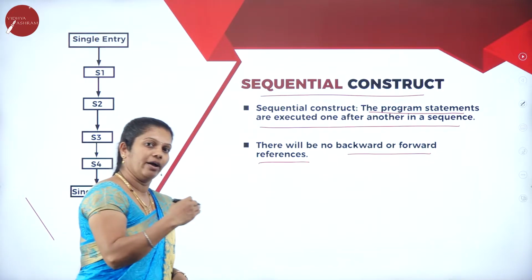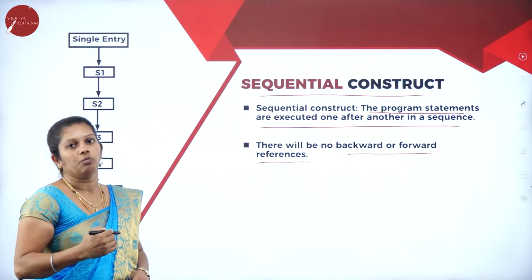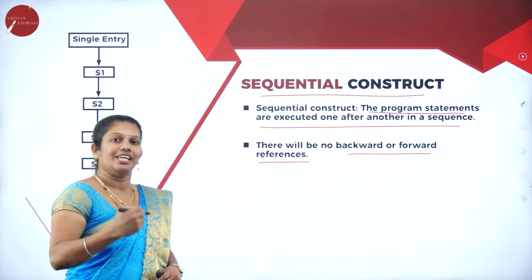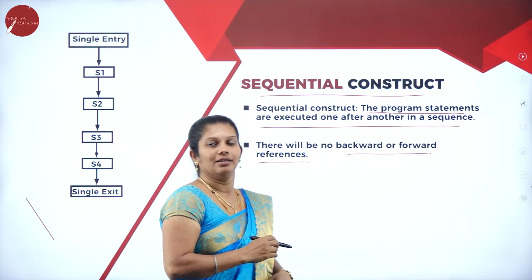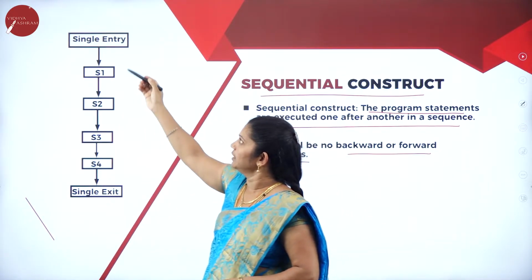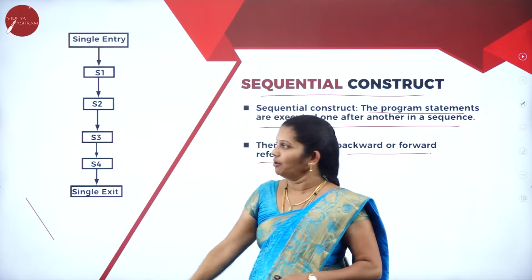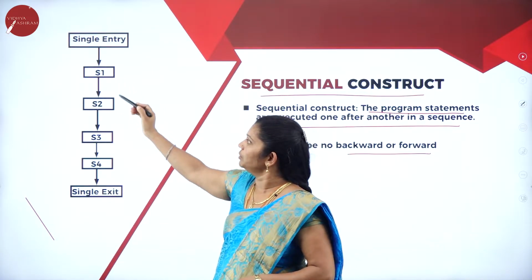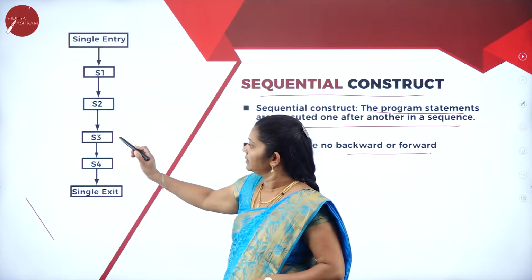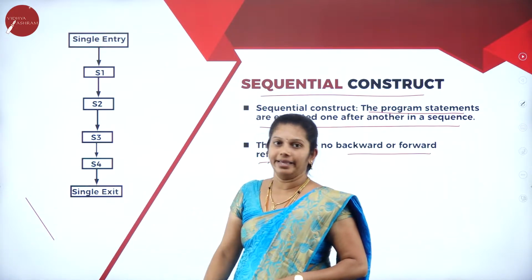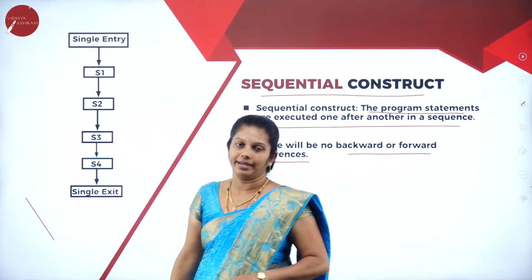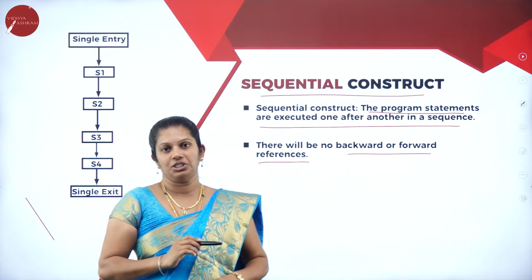If I want to go back or go forward, that is not possible. If I want to jump to a statement, that is also not possible here. For example, if you observe this flowchart, first we have only one single entry. Statement 1 will execute, after that statement 2, then statement 3, statement 4, then we get a single exit. There is no deviation here.